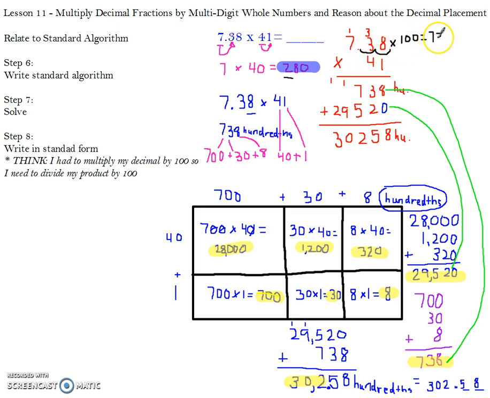And because we multiplied it by a 100 up here, the opposite of multiplication would be division, which means we would divide our answer down here by 100 also.